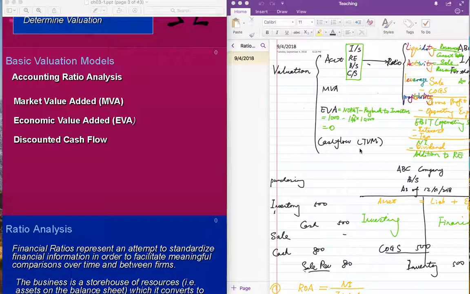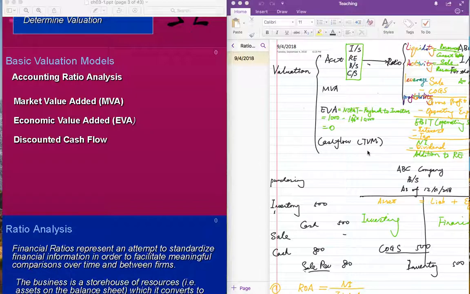Lastly, but not least, is using cash flow to do the valuation. That is the focus of our entire corporate finance courses. Whether it is the fundamental corporate finance course or this course, which is considered an advanced corporate finance course, we are using cash flow to do the valuation. When we use cash flow to do the valuation, we simply apply the time value of money.